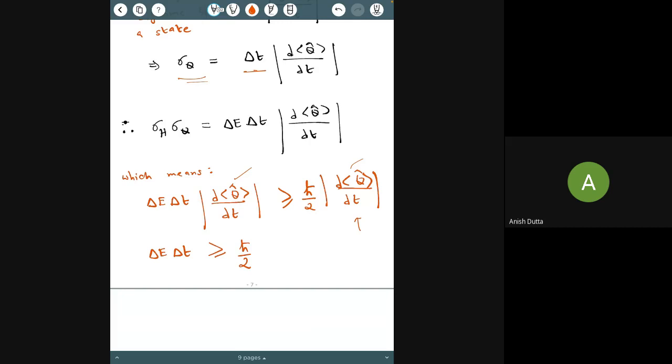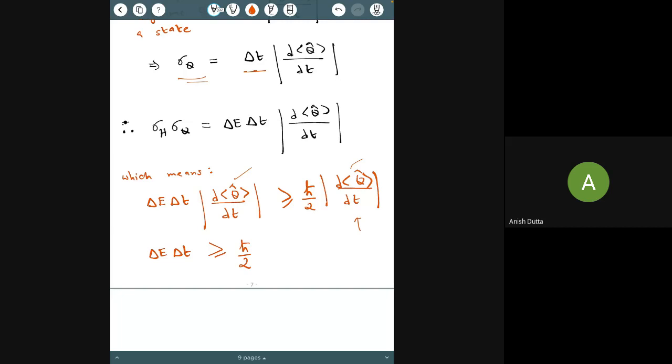But you see, sigma Q is getting converted into delta T. So let me tell you the full implication. Q is any observable. And so when we call delta T the lifetime of a state, we are basically considering any of the observables of the state which are evolving in time.